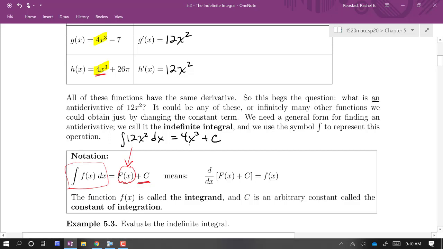And that means that if I take the derivative of this stuff over here, it's just going to give me the function inside. One bit of notation that I want to draw your attention to: when we take the derivative, like look at this part on the right here, we have the set of instructions all in front. The derivative with respect to x, that's what d dx means, and then it tells you what you're going to take the derivative of after.